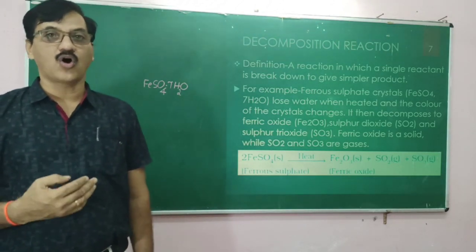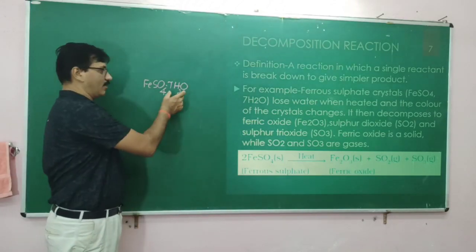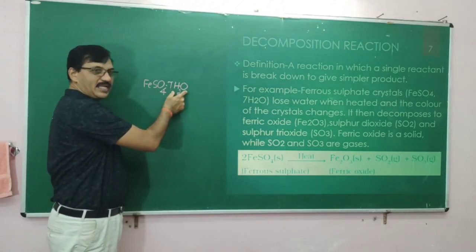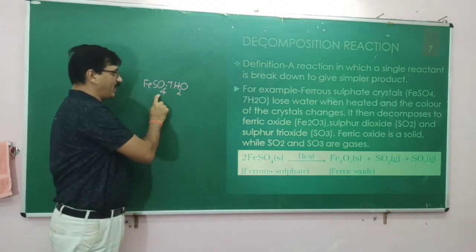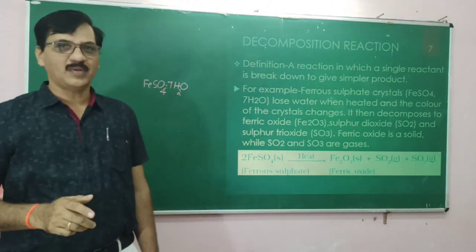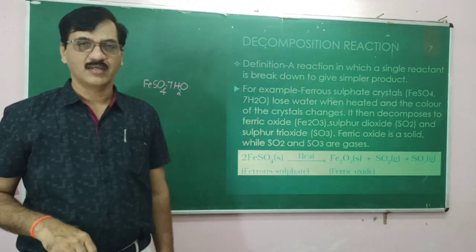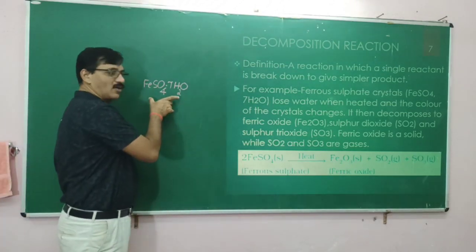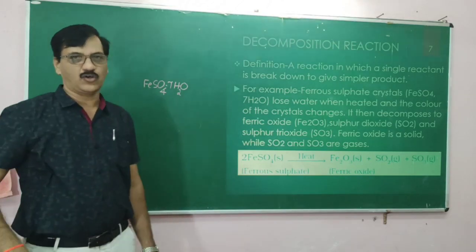So they are called water of crystallization. Some definite amount of water is used up in the crystallization of ferrous sulfate. So this is ferrous sulfate heptahydrate. Normally whenever we speak of ferrous sulfate, we leave out the heptahydrate, but this is the way naturally occurring ferrous sulfate has this formula.